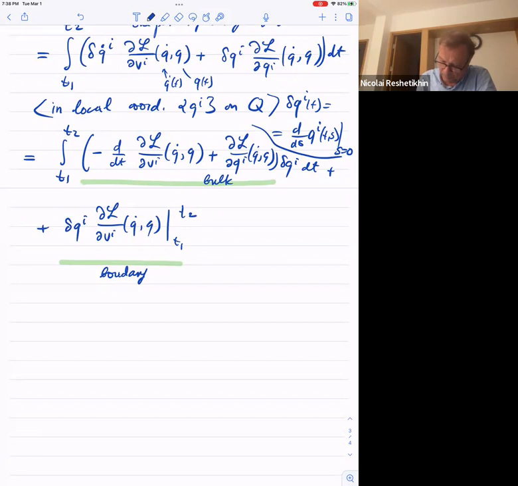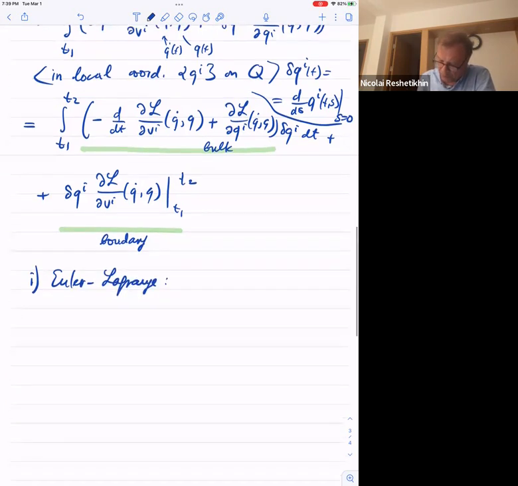So now we want to find critical points. So we have two terms, bulk and boundary, and they both should vanish if we really want to have a critical point. But Euler-Lagrange equations are just equations for vanishing the bulk term.